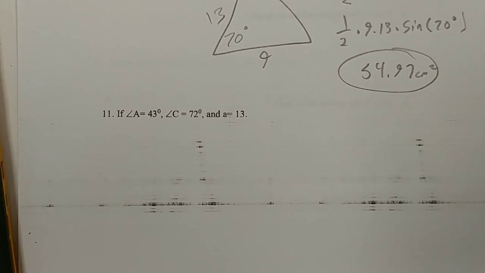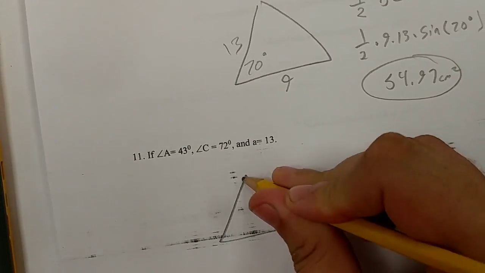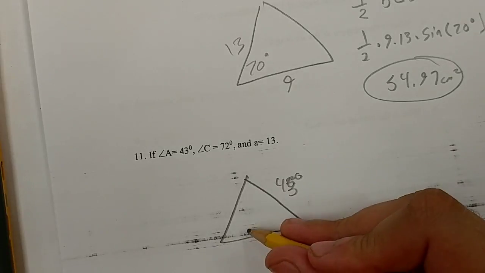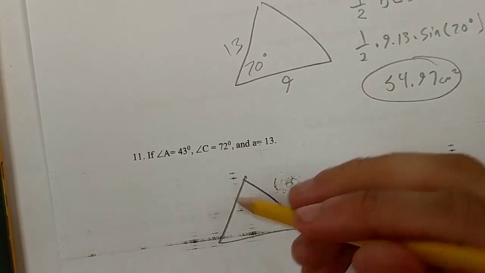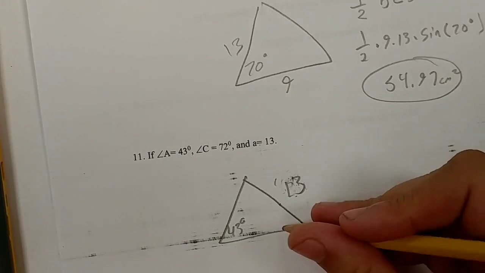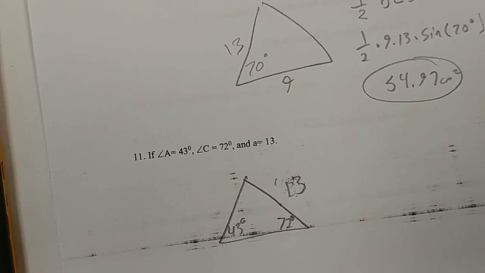Next one, we have 43, 13, and 72. So a triangle here, 43 degrees, across from it is 13, and some other angle is 72 degrees. When you're given one where you don't have all the angles, well, you could find the third angle. So let's find the third angle real quick.